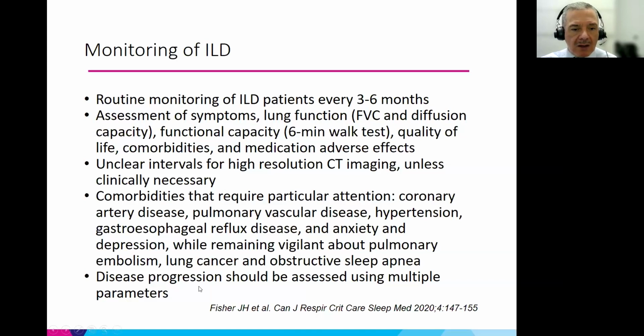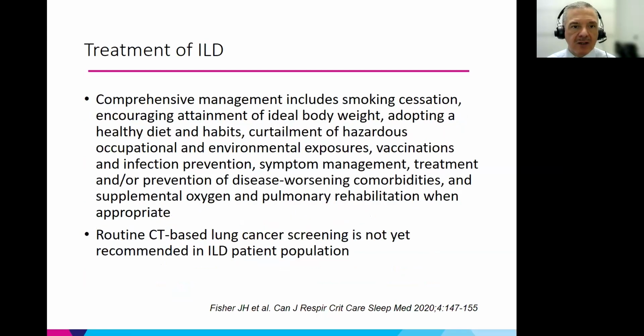In the case of ILDs, these patients should be followed at 3 to 6 months. There's no ideal timing, with assessment of symptoms, CT, comorbidities, and disease progression.